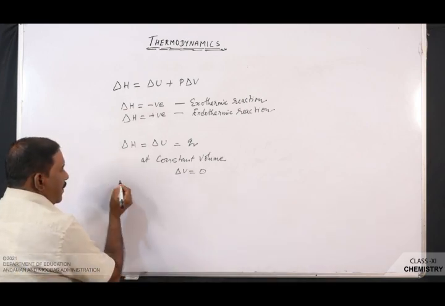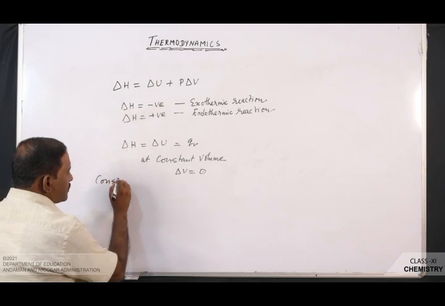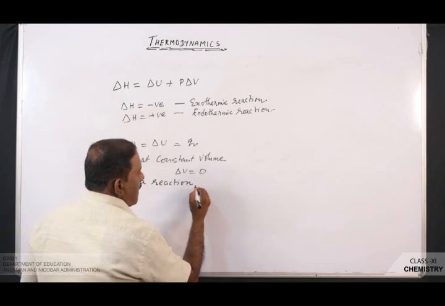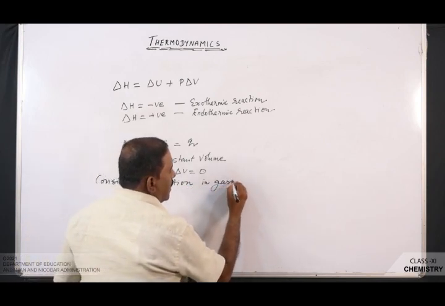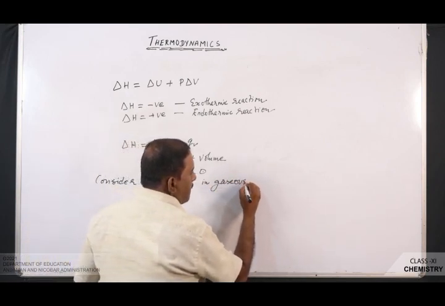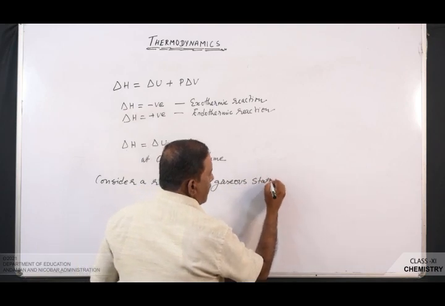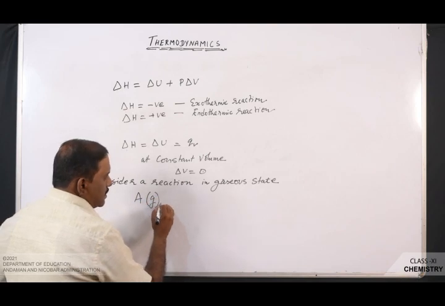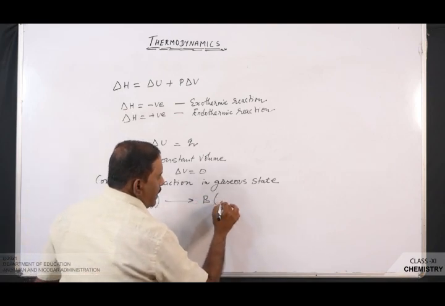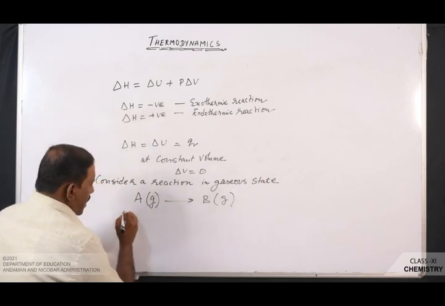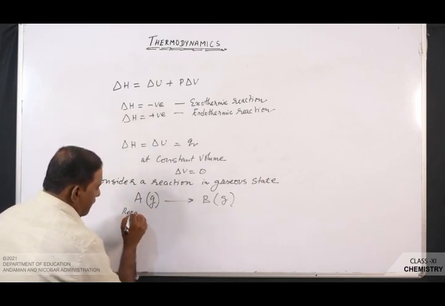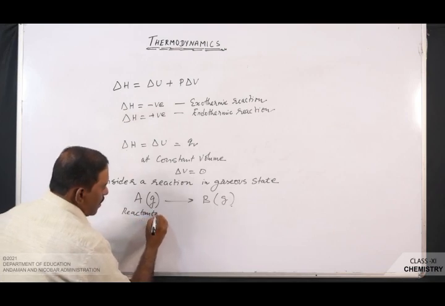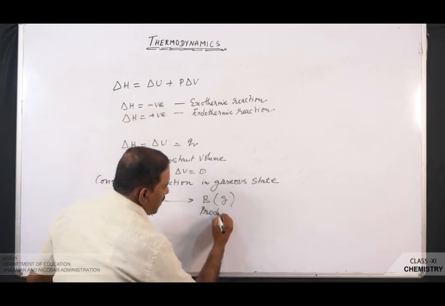Suppose consider a reaction in gaseous state. Reaction, that is A gas gives B gas. So this is the reactant, and this is the product.